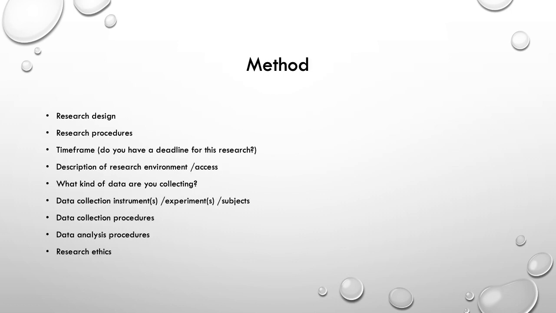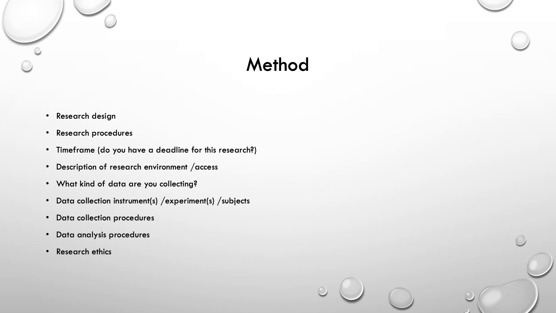Method. As you can see, there are a lot of elements included in this section. Okay, this is where you would design your research. You will include specific procedures of how you are going to carry out your research, a time frame, how much time you have. Okay, for your particular research proposal, you do have a deadline. Description of the research environment and your access.